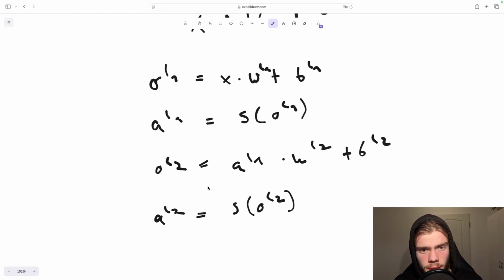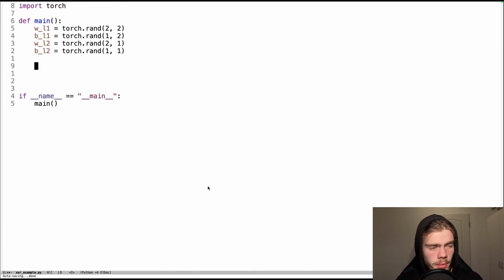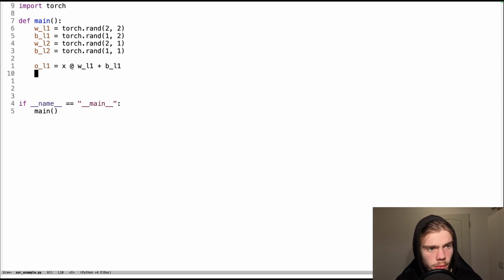We said that the output of layer 1 is equal to x times the weights of layer 1 plus the bias of layer 1. So we say O of layer 1 is equal to x, and now we want to make a matrix multiplication, which we do by this at operator, and we multiply with the weights of layer 1, and eventually we add the bias of layer 1. So now we have the output of layer 1.